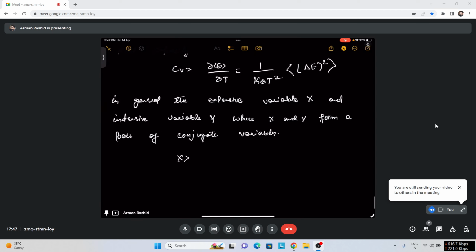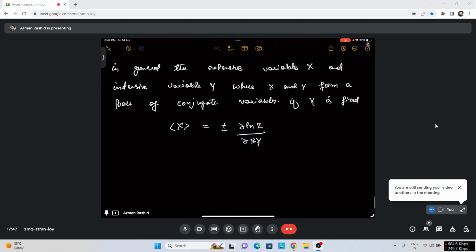Therefore x will be given by plus or minus d ln Z by d beta y. If y is fixed, then the average value of x will be given by this. The sign will depend upon the notation of variables x and y.